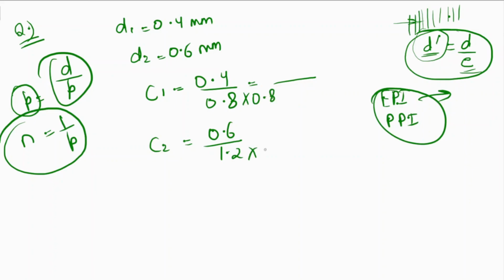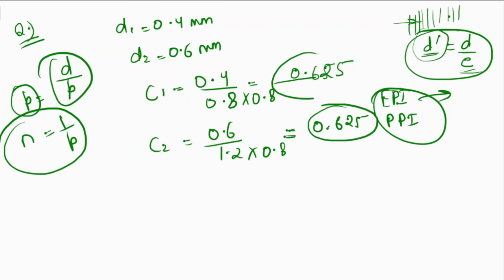If you calculate, C1 comes out to be 0.625, and when you divide C2 also, it comes out to be 0.625. So C1 is equal to 0.625, and C2 is equal to 0.625.